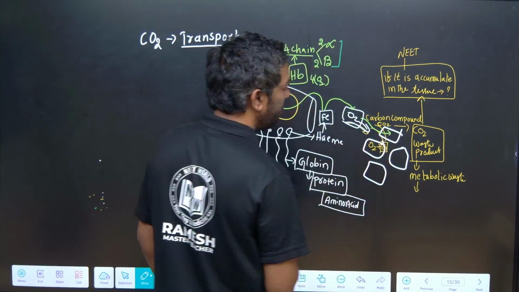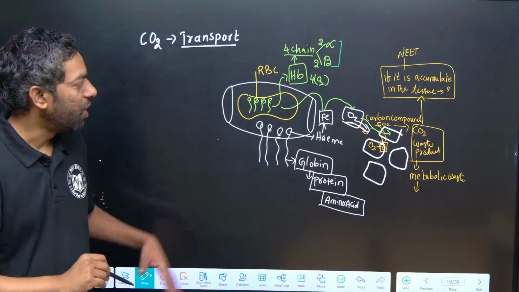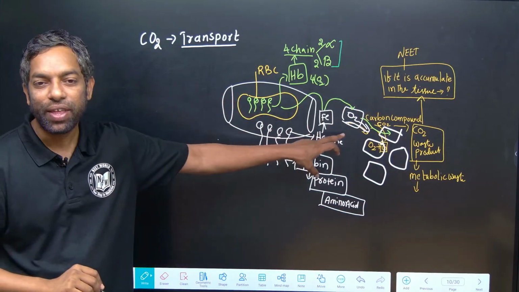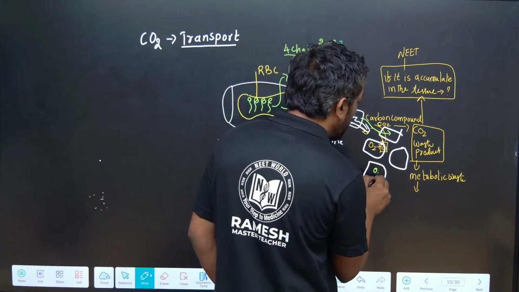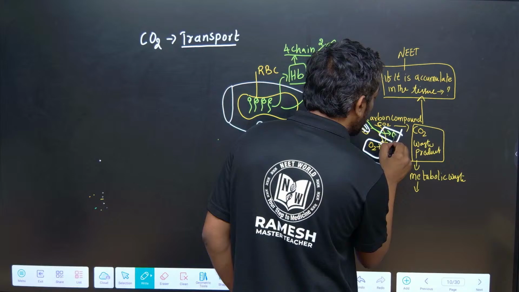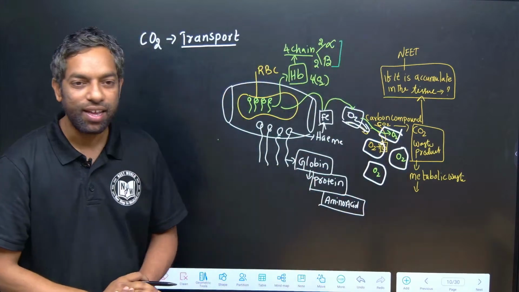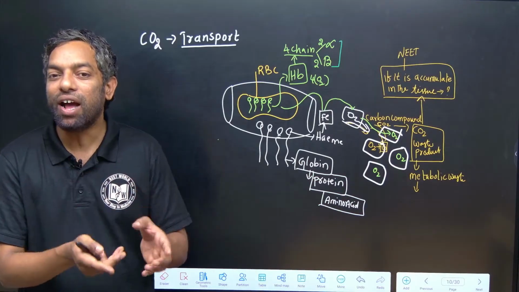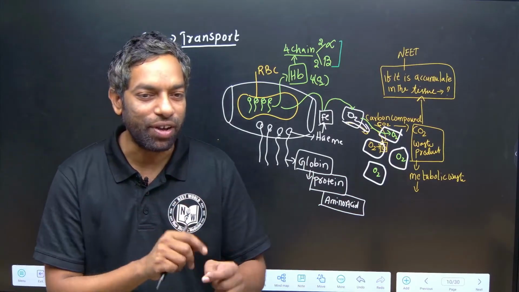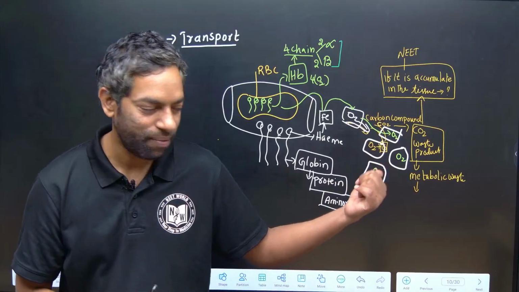tissue, okay. 4 oxygen molecules they can carry, each hemoglobin they can carry 4 oxygen molecules. But how many oxygen molecules they can deliver? This is the question, okay.